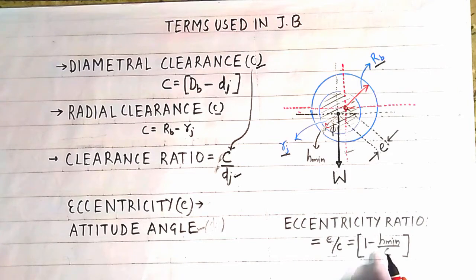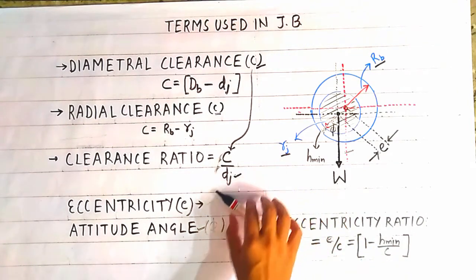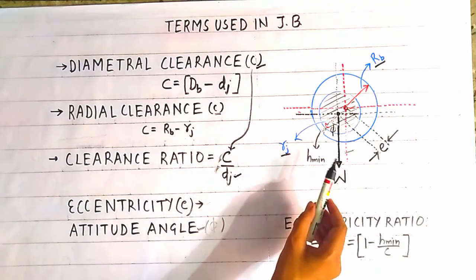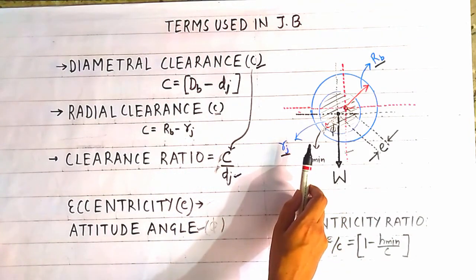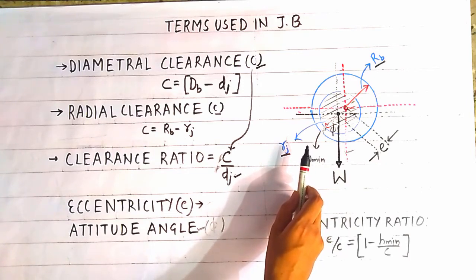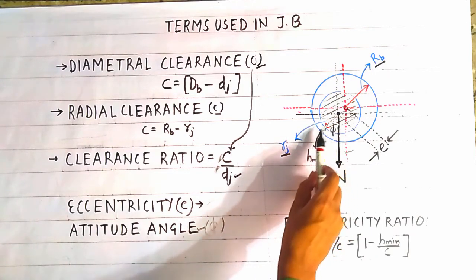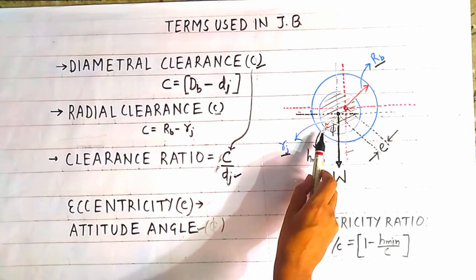And I forgot to tell you about the minimum fluid film thickness. It is the distance between the journal and the bearing when complete lubrication is achieved, that is, when the fluid film is formed. It is the minimum distance between the journal and the bearing when complete lubrication is achieved.